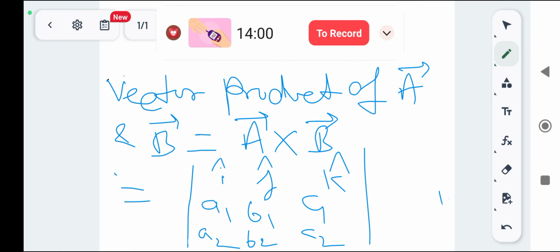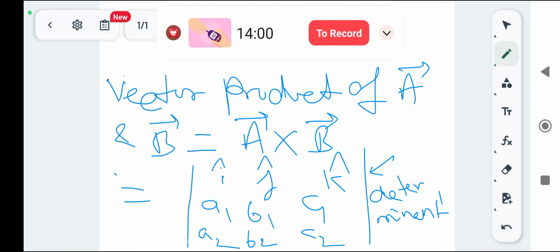This is the vector product of vector A and vector B. This shows a determinant.